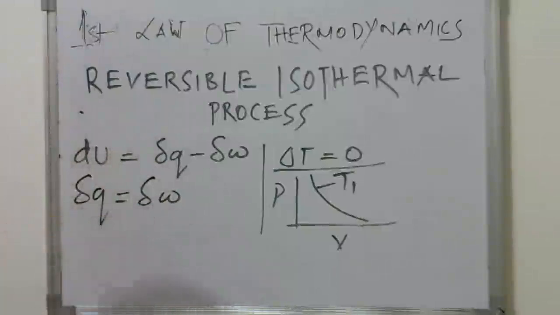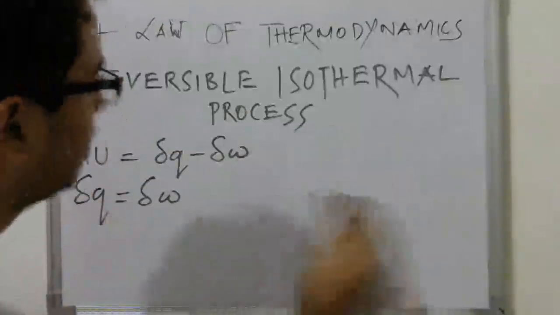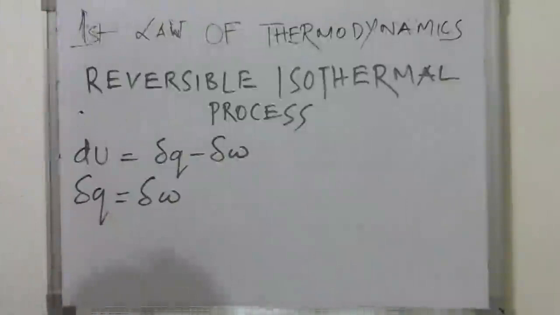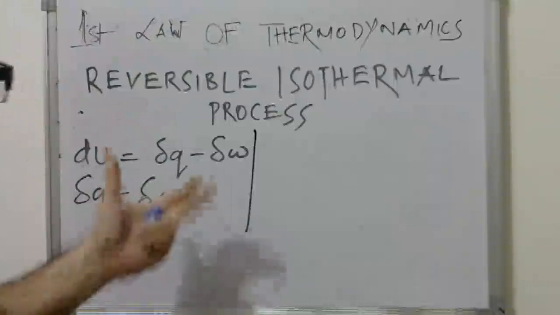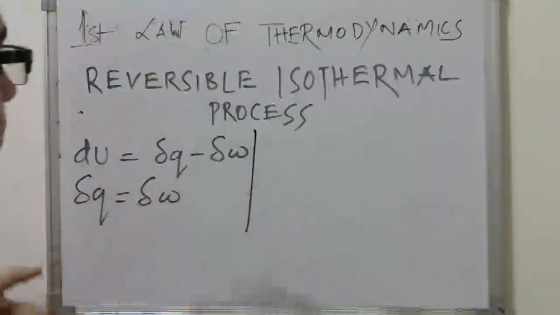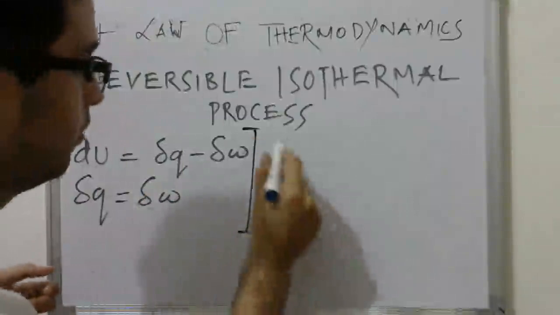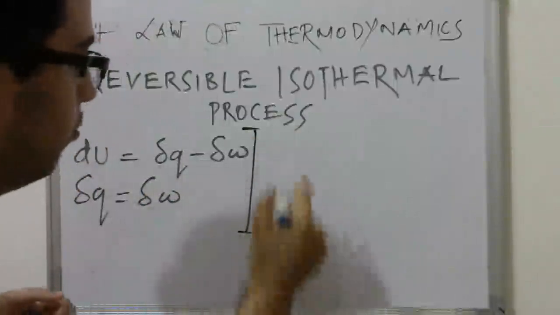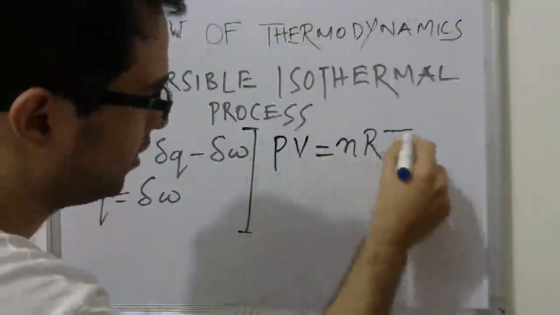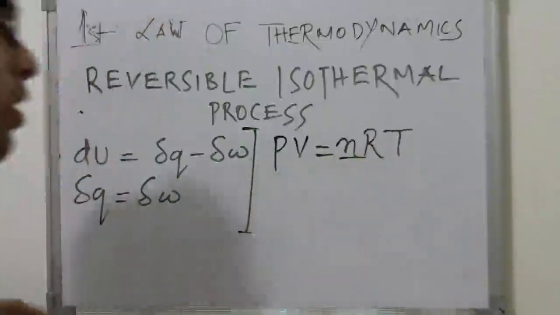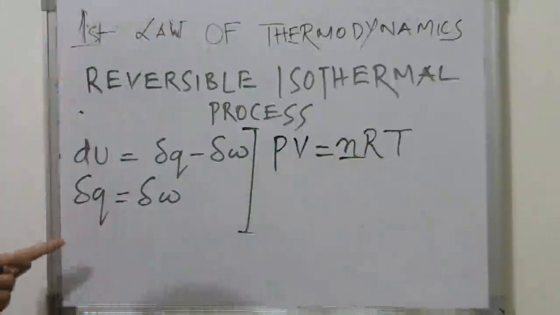Now let's see how we express delW in isothermal conditions. Please remember, these are all reversible conditions, and thermodynamic equations are applicable only for reversible processes. From the ideal gas law, PV is equal to nRT, where n is the number of moles.